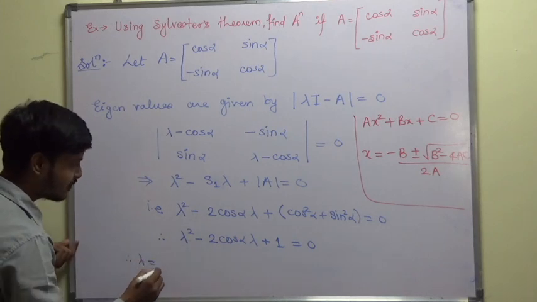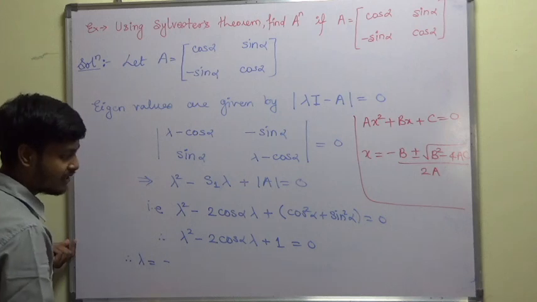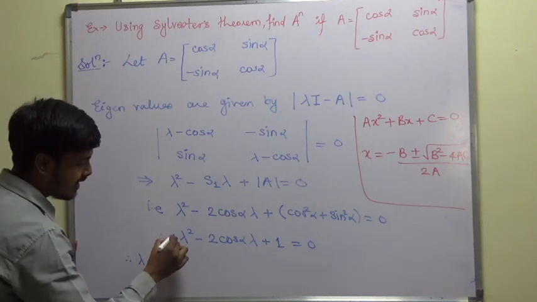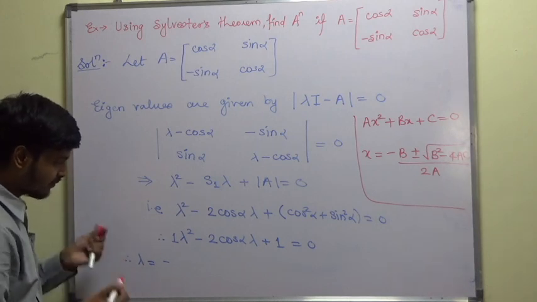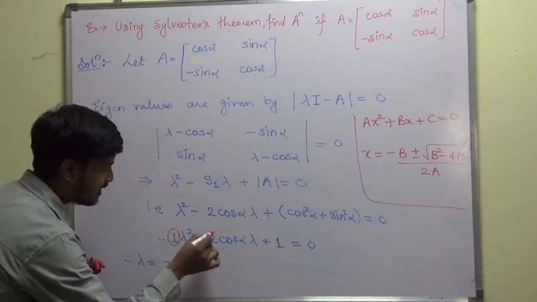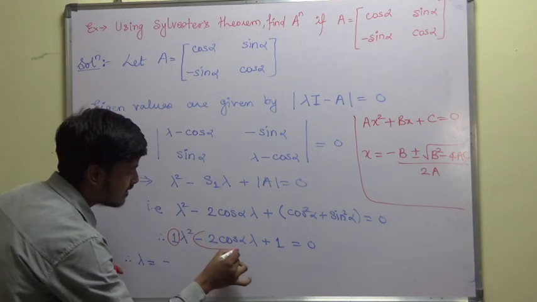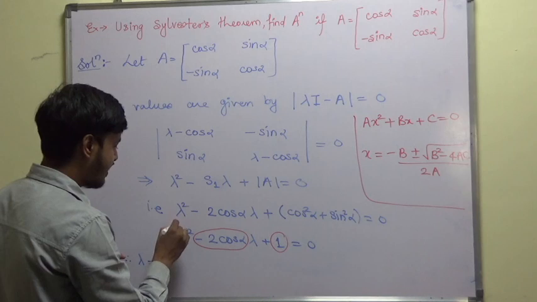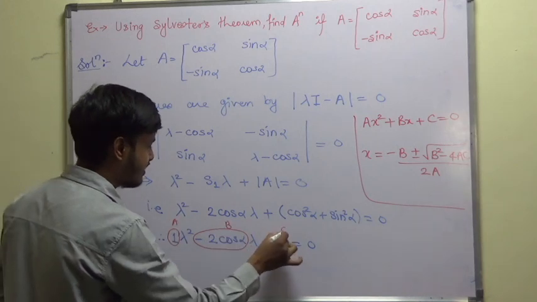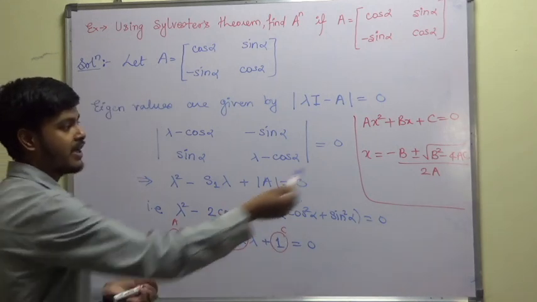Lambda is equal to minus b. What is b? Here a is 1, b is minus 2 cos alpha, and c is 1. This is a, this is b, and this is c. So apply this formula.